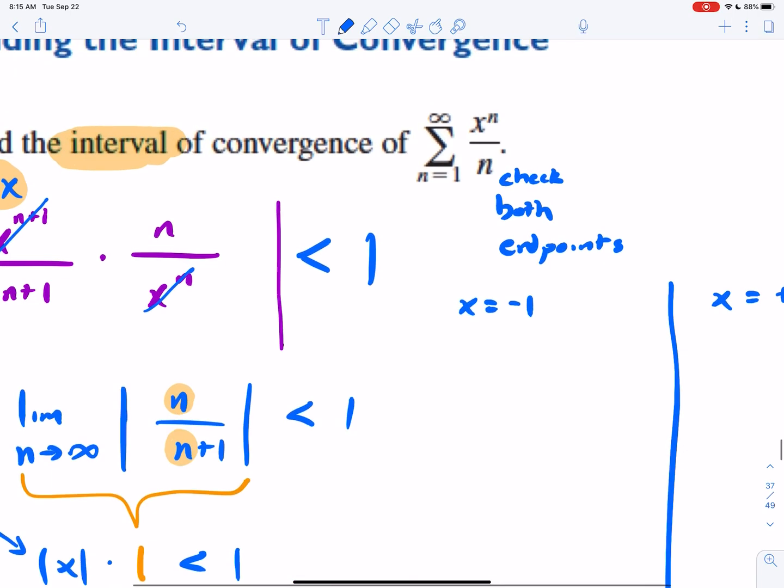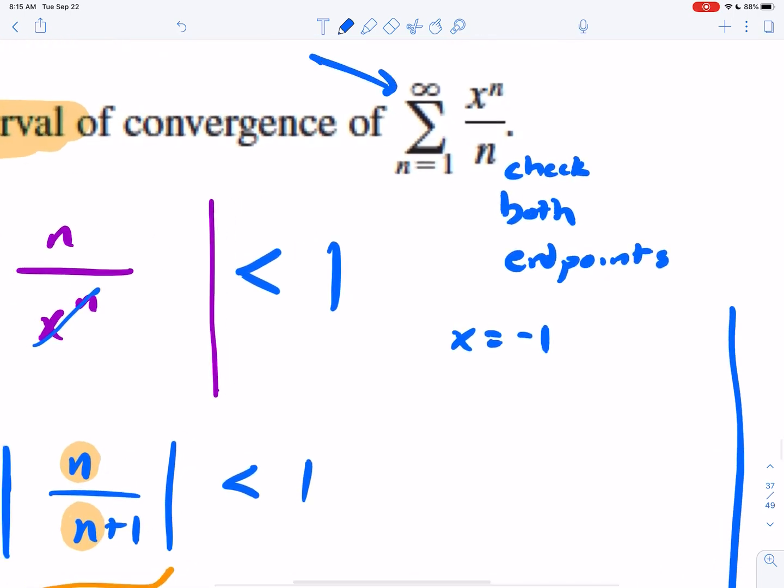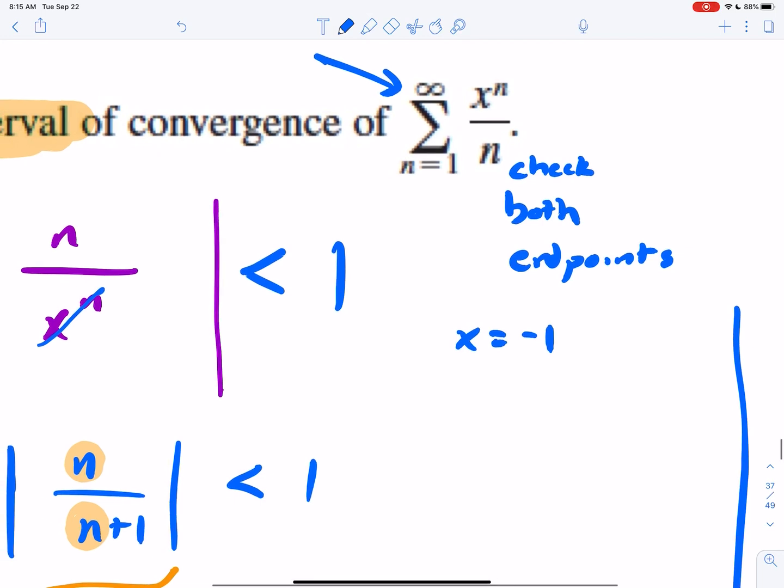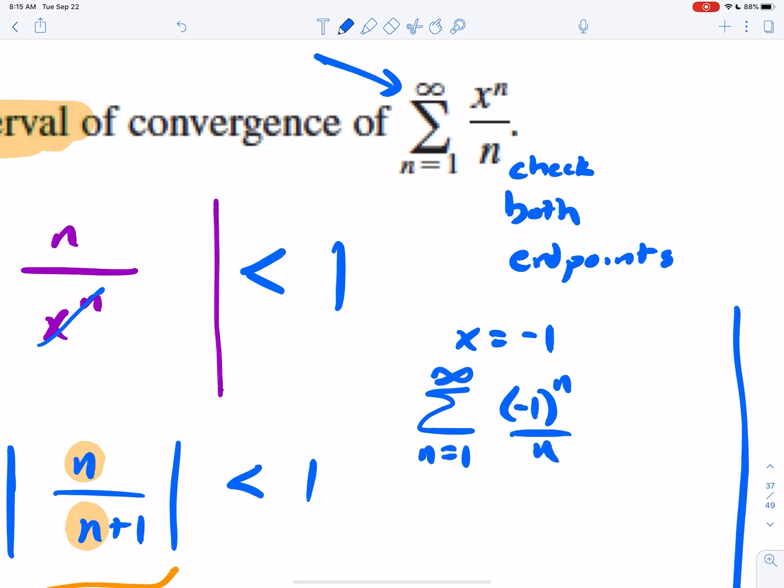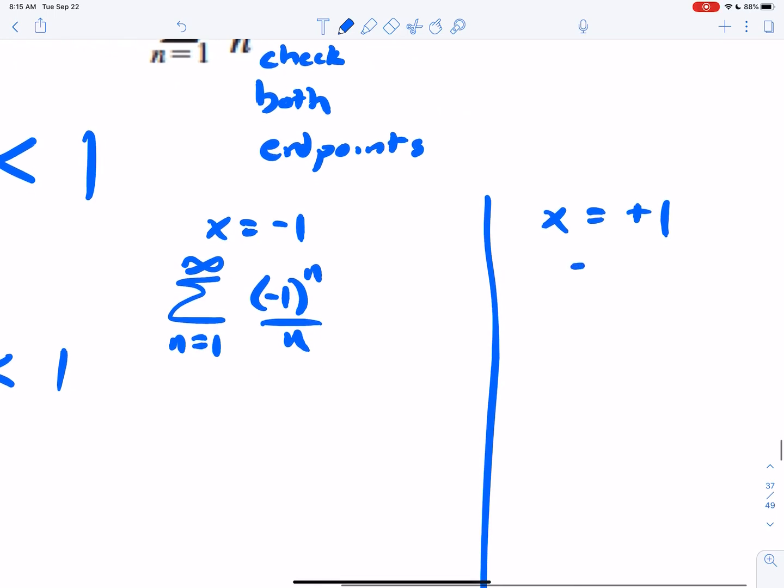If you take a look at the series right up here, we're going to plug in negative 1 for x. So we have the summation of negative 1 to the n over n, as n starts at 1 and goes all the way to infinity. And we'll do the same thing over here, but now x is going to be 1.